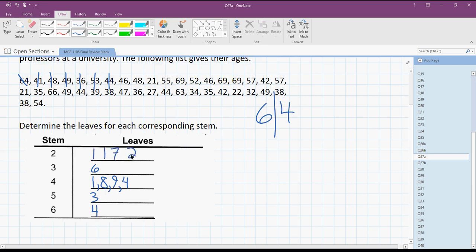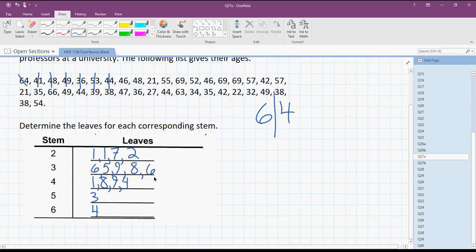If you want to pause and do this, you can do that, and then take a look at what I'm putting down. And they want you to put commas between your numbers. In a real stem and leaf plot, you do not put commas. That's bad. In a real one, you don't.